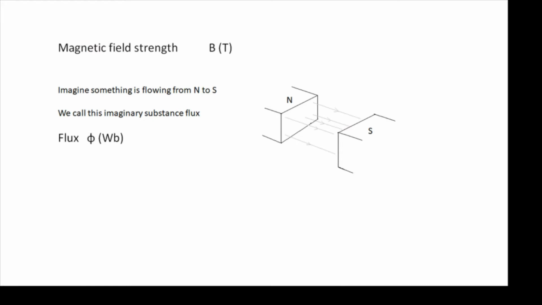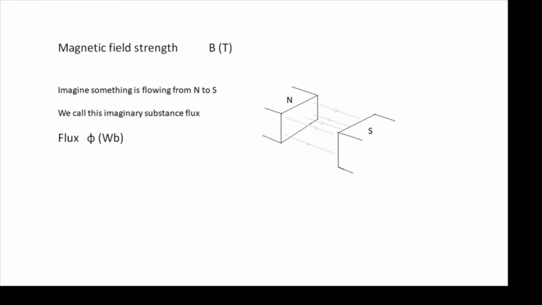Magnetic field strength, we've said, has the symbol capital B, and it is measured in Tesla, capital T, named after Nikola Tesla. Looking at these two magnets, there's a north and a south. Imagine stuff flowing from north to south, like water flowing.